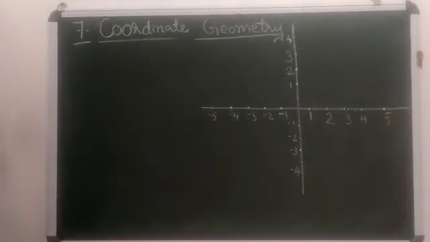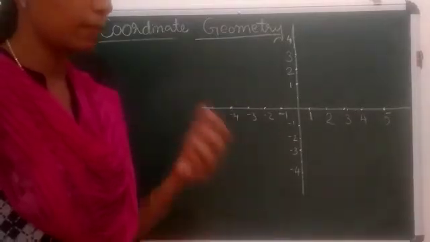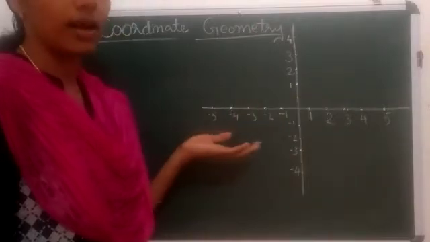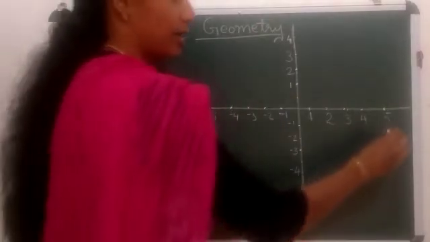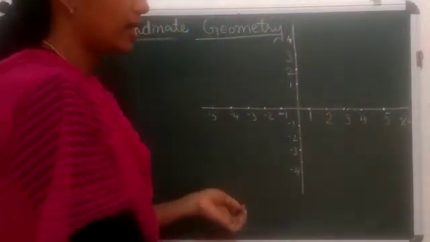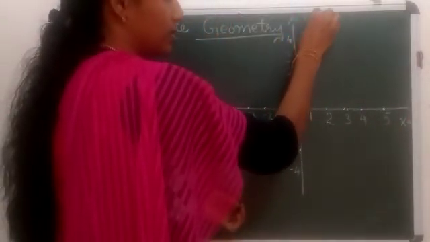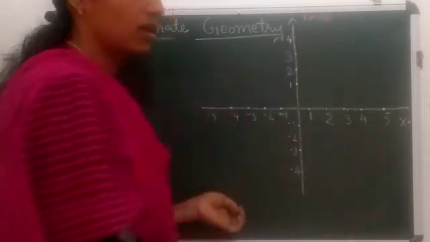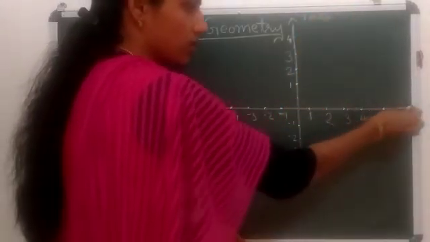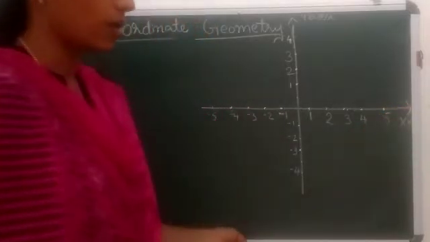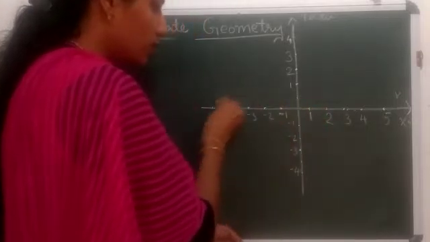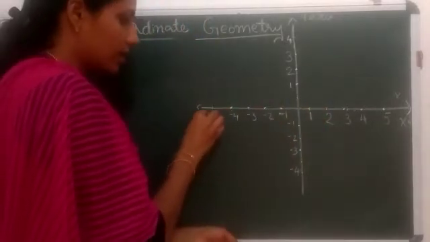So see, this is one xy plane, right? Here this horizontal line represents the x-axis and the vertical line represents the y-axis. From this point to this point we call it x, and from this point to this point we call it x dash.